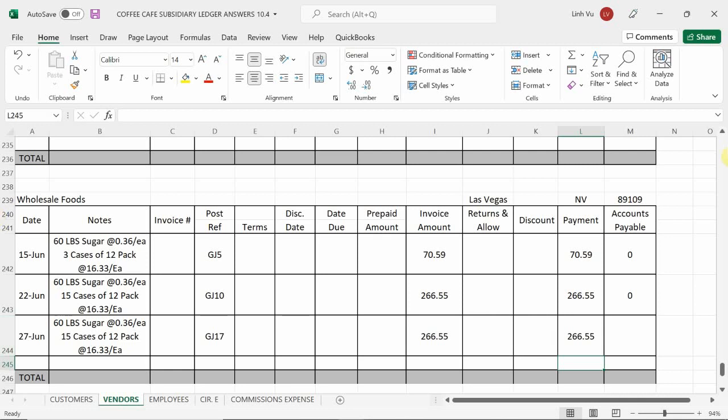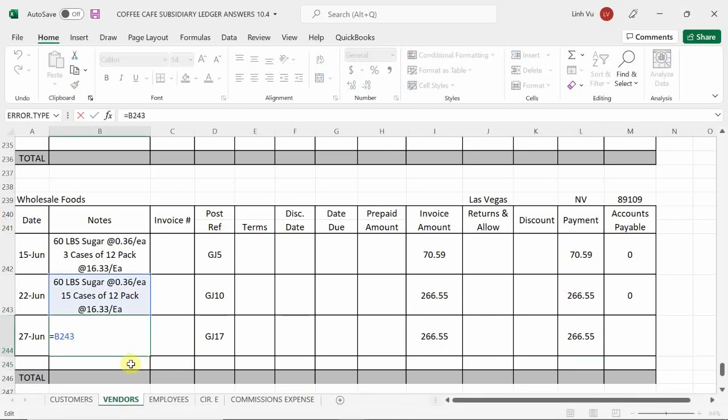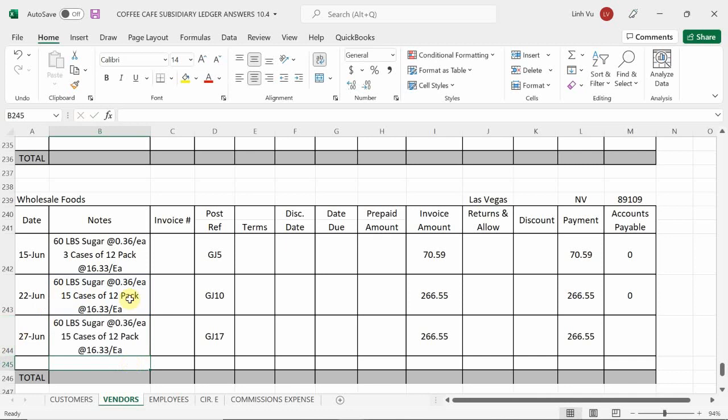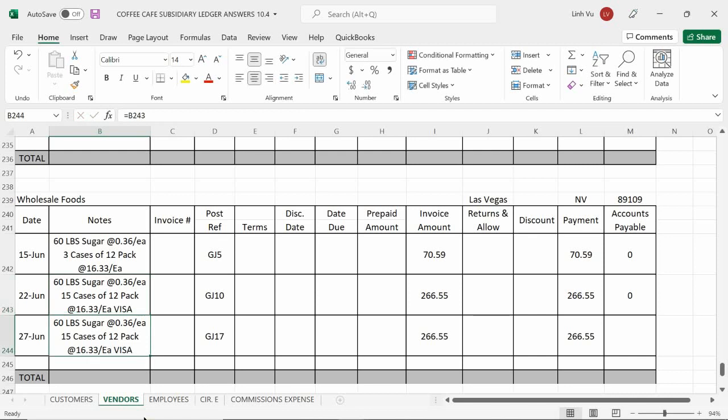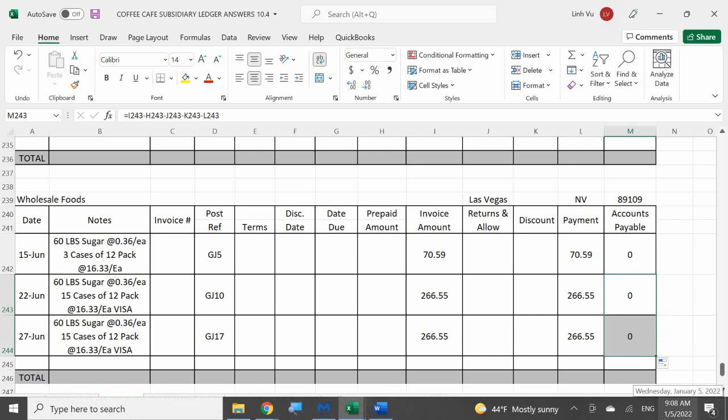Okay, so it's up to you. You could put Visa in here just so then it's clear that you paid with Visa. Okay, so therefore you owe wholesale food store nothing.